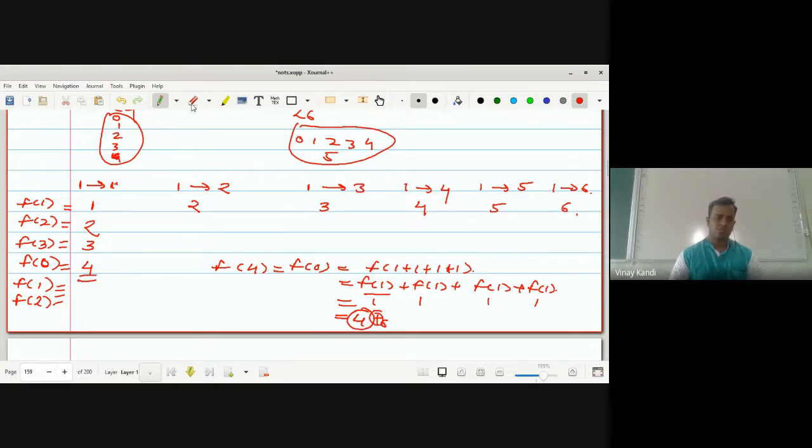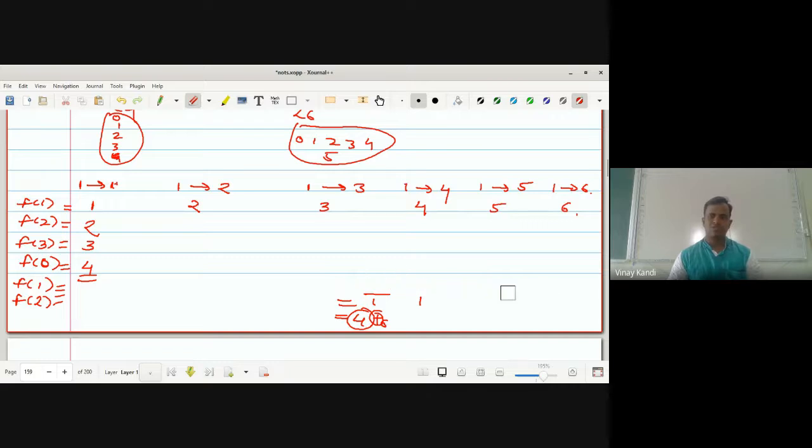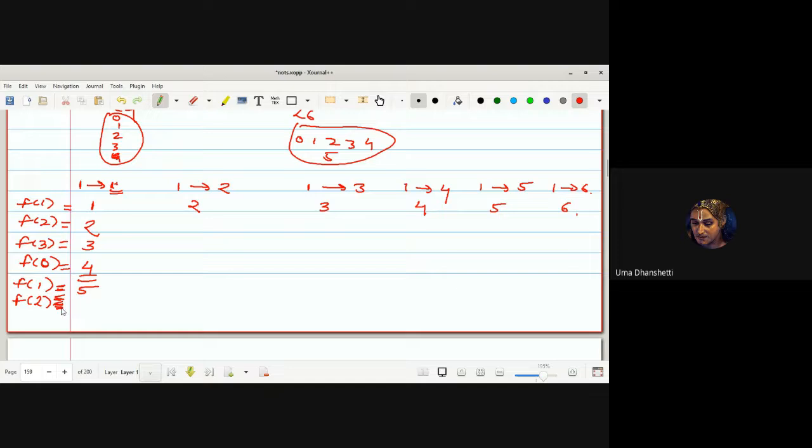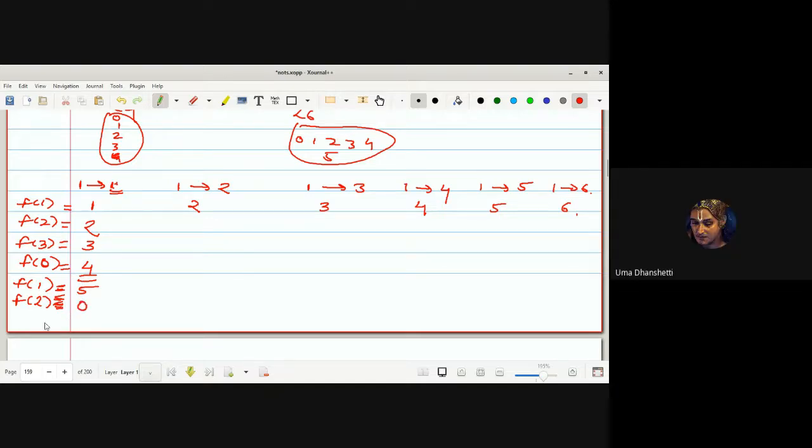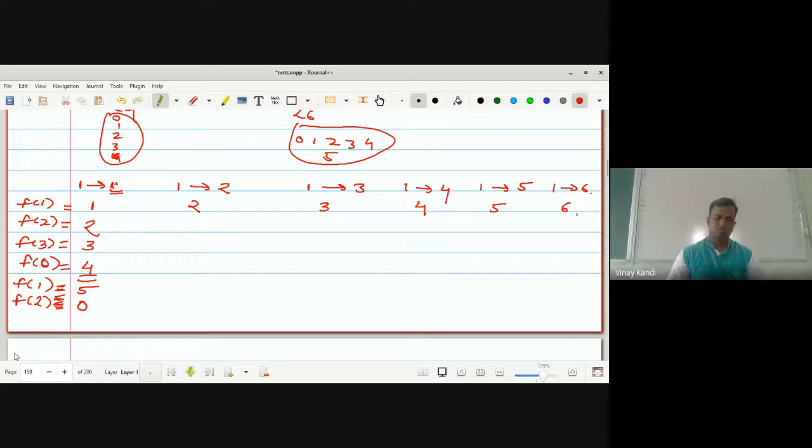Okay. Similarly, f of 5 काय येईल? f of 1 ची 5 वेळा ऍडिशन करा. काय येईल? 5. 5 addition modulo 6, 5. f of 1 ची 6 वेळा ऍडिशन करा. काय येईल? 6. 6 addition modulo 6, 0. Okay.